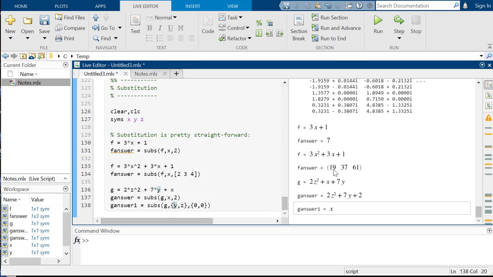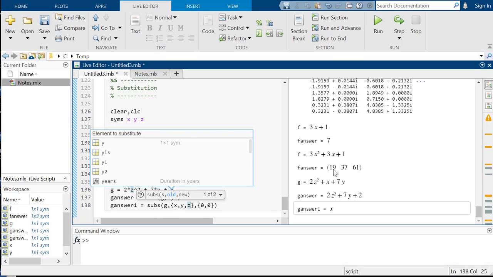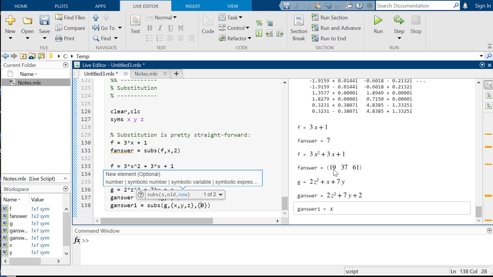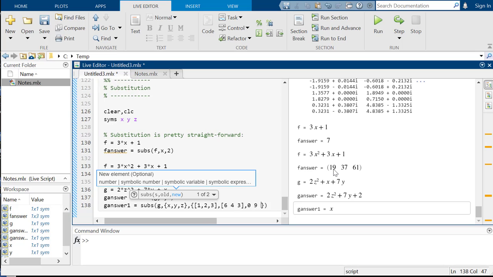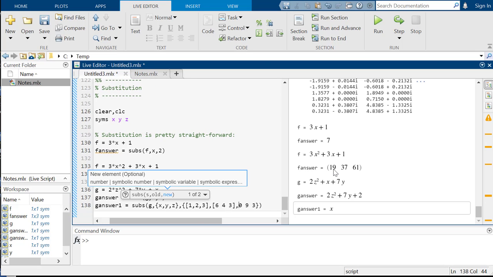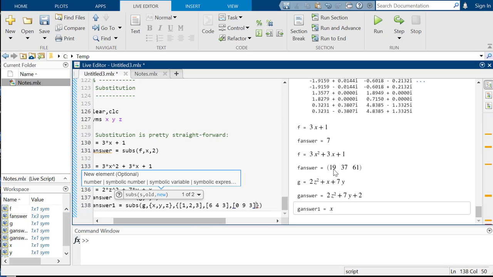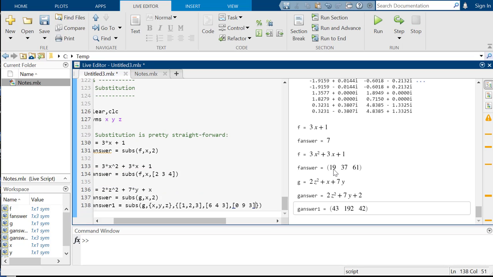I'm like, yay. If you really want to be obnoxious, you could put in sets of these, like 1, 2, 3, and then I don't care. Oops, I forgot to put it in the brackets. So you have brackets inside curly braces, and then you're getting 3 different sets of answers because you're plugging in 3 different sets of stuff.